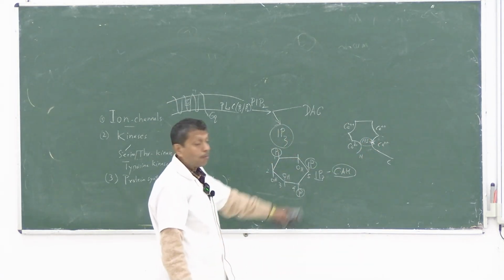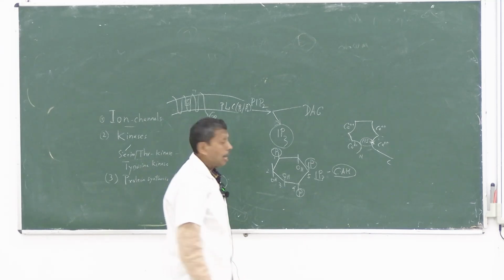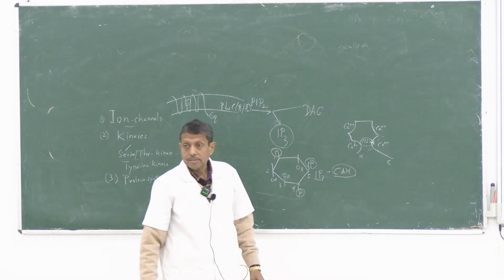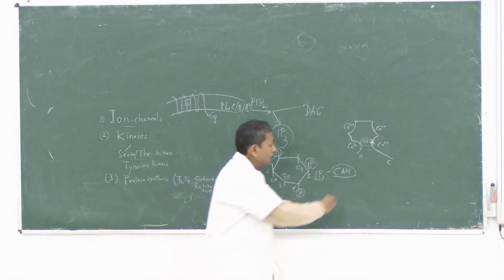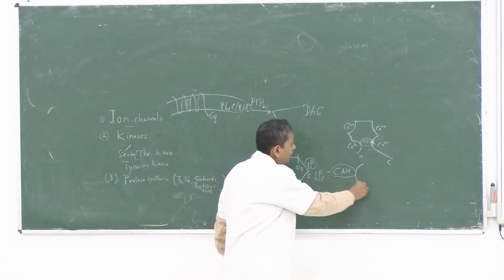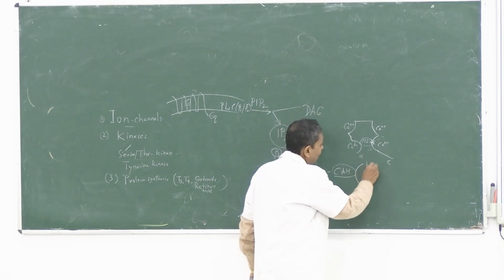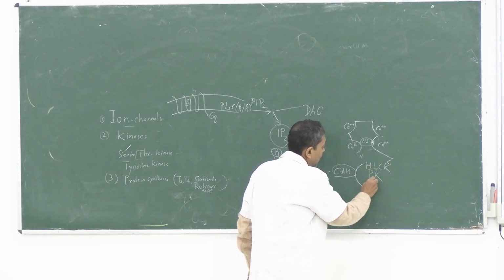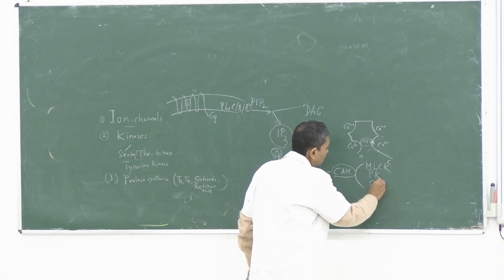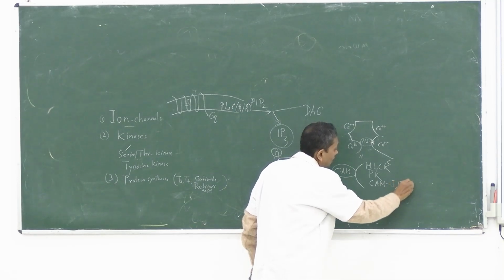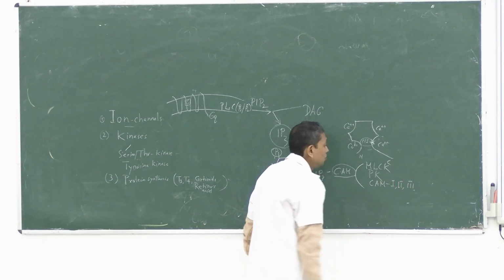When calcium binds with it, it becomes an important kinase with different effects. Suppose in smooth muscle, myosin light chain kinase, phosphorylase kinase, and calmodulin kinases 1, 2, 3 are produced.